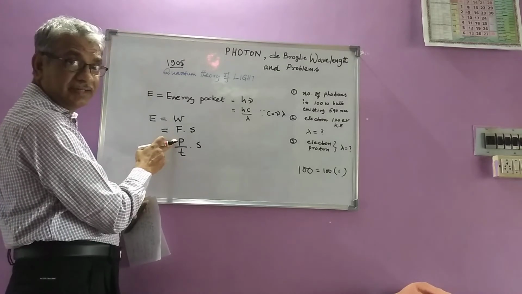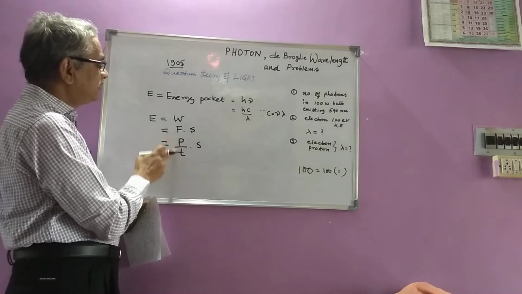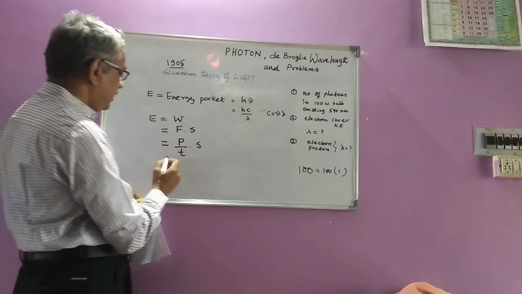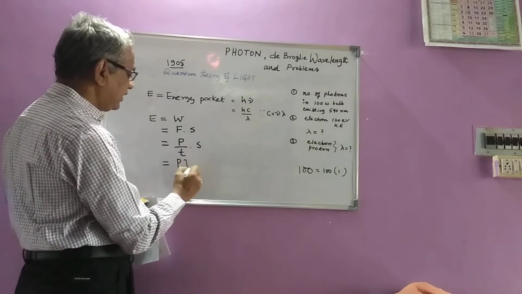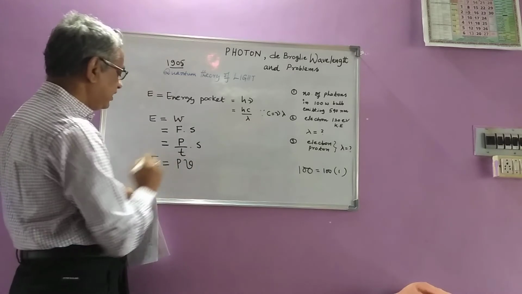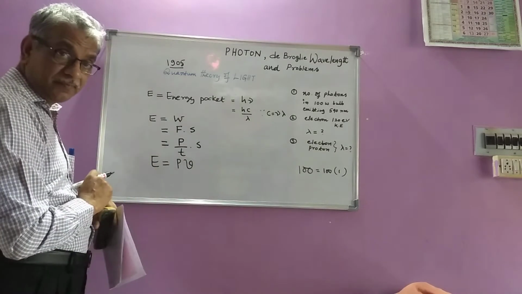Rate of change of momentum is nothing but force. And I can also write this as P. This S by T can be written as V. So E can be represented as PV.